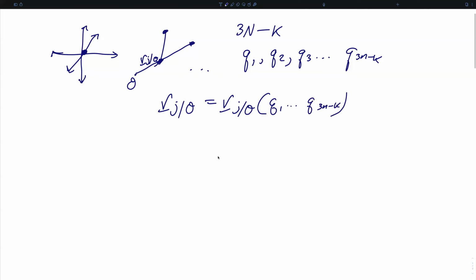And that means that we can also define any set of coordinates, like let's say the Cartesian coordinates x_i, to also be x_i as a function of q1 to q_{3n-k}.